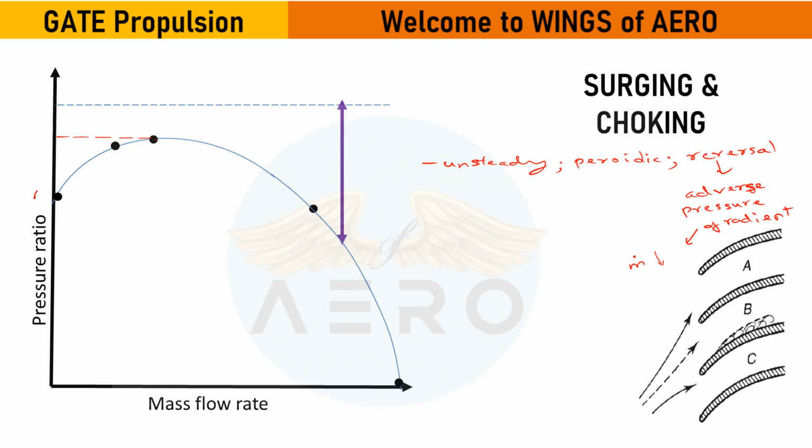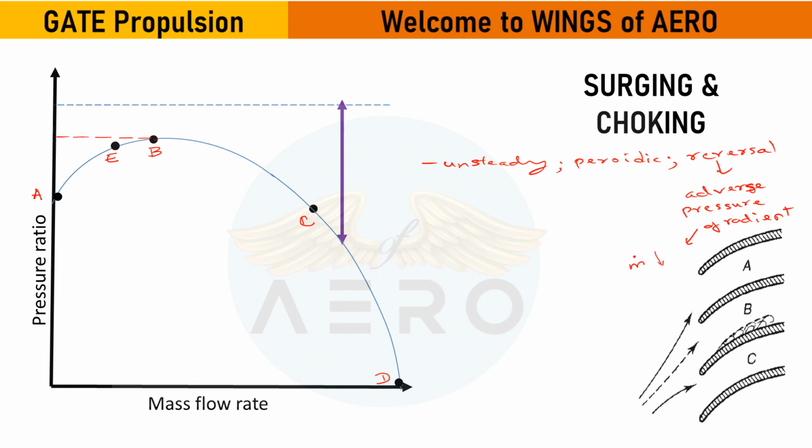First I will label this A, this B, C, D, and then E.